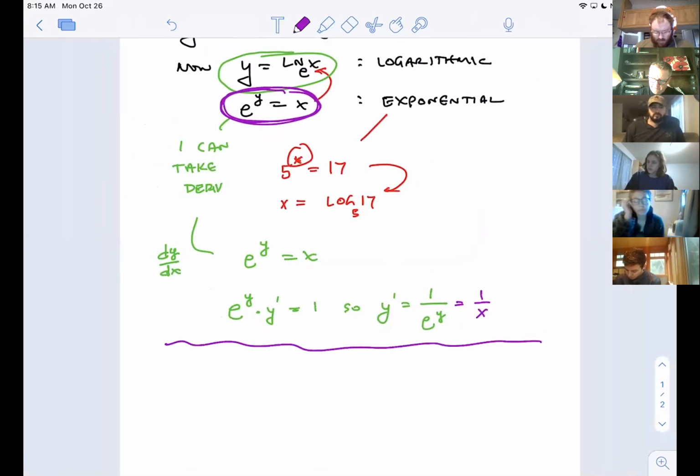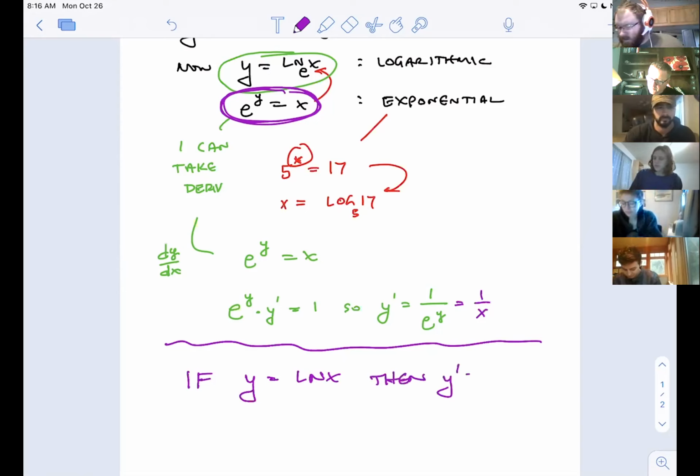If your original function is the natural log of x and you want to take its derivative, apparently y prime is 1 over x. That's on your note sheet.